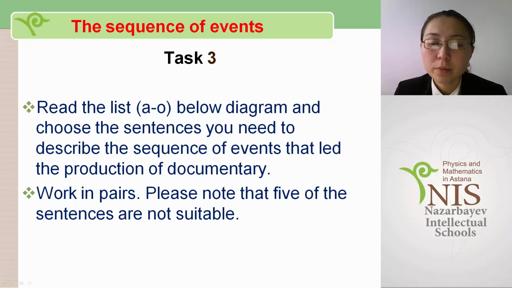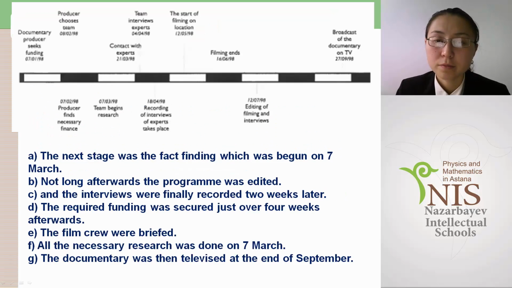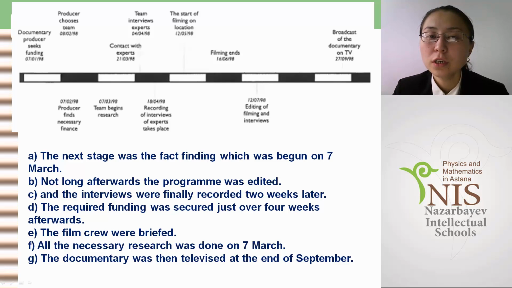You need to work in pairs, and also please note that 5 of the sentences are not suitable here. So, look at the timeline and try to find the right answers. I will read for you so that you can also listen to me and follow the timeline.